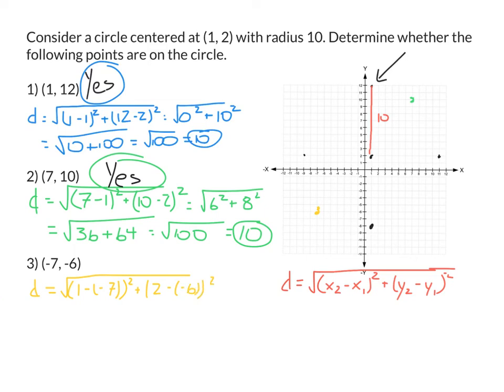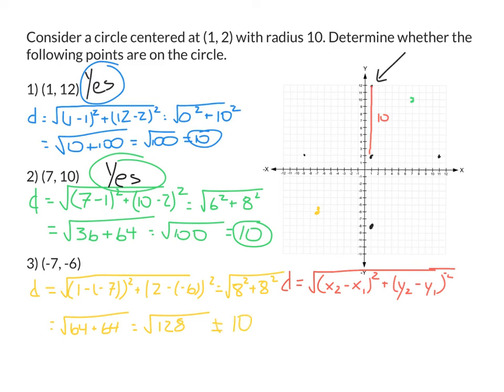And we begin to simplify. So 1 minus negative 7 is 8, still being squared. 2 minus negative 6, also 8. So 8 squared is 64. 8 squared again, 64. When we add these together, we get 128, which is not the same as 10.